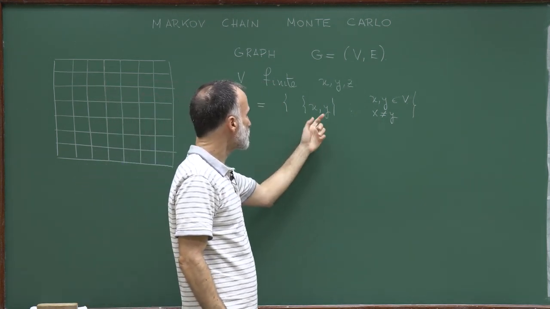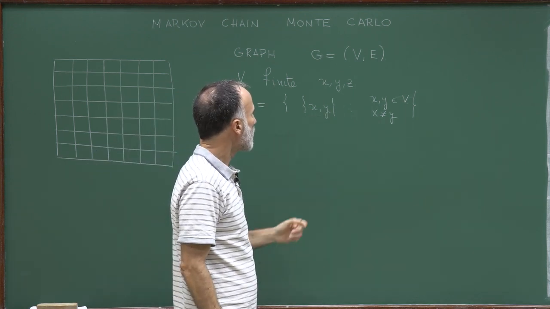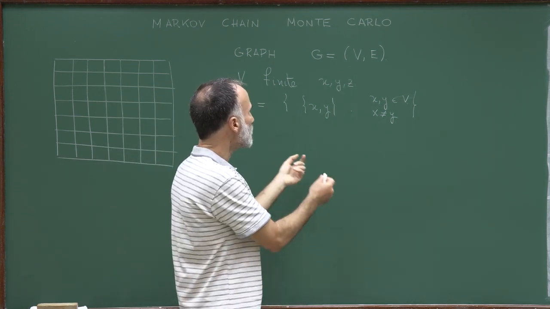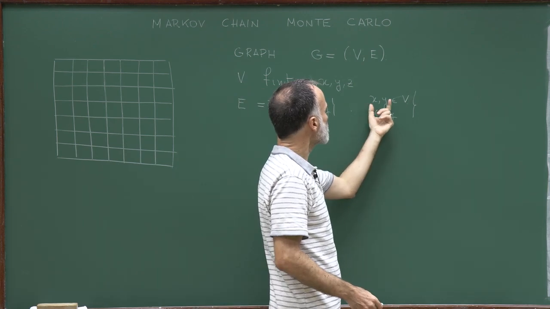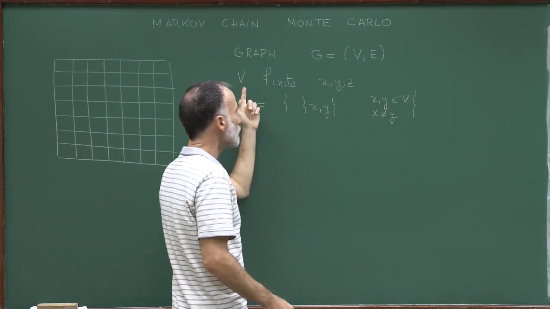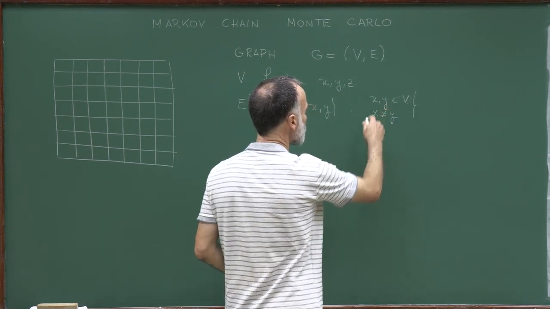These are pairs, and they are not ordered. I'm simply telling you which pairs of the set V of vertices are connected.